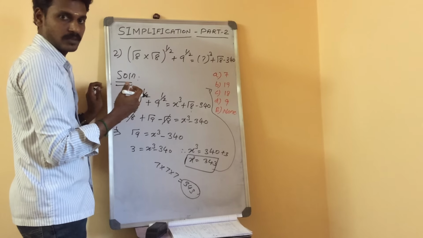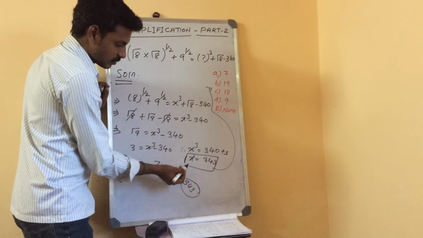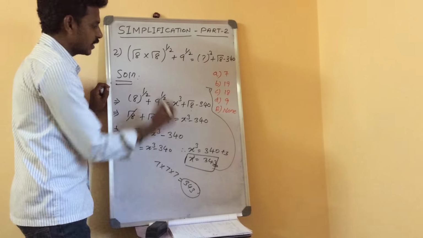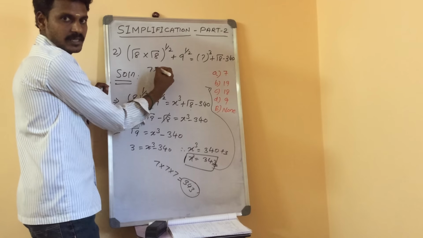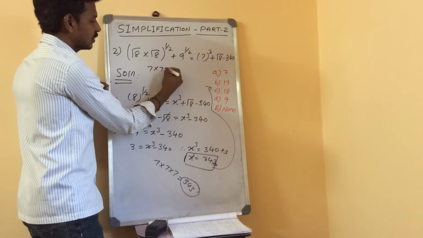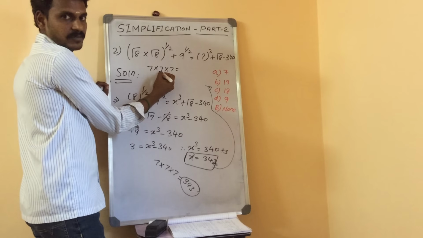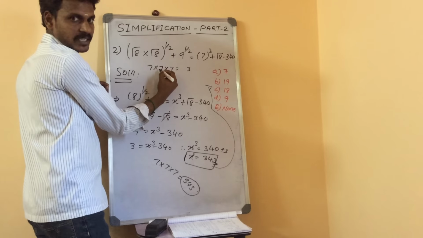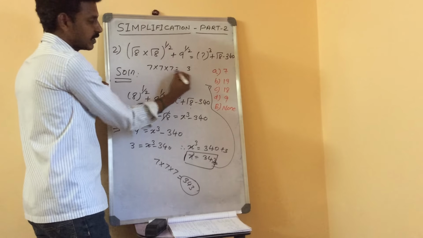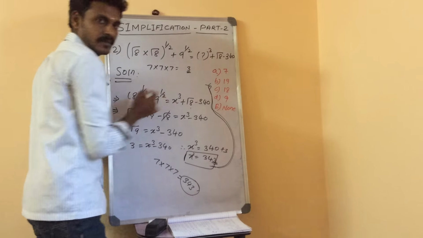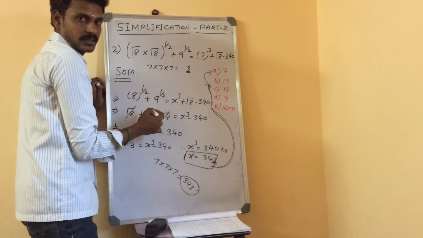Here the shortcut way is the last digit value is 3, so take 7 only, because 7 × 7 × 7: 7 × 7 is 49, 9 × 7 is 63. So the last digit is 3, and most obviously the answer will be 7.